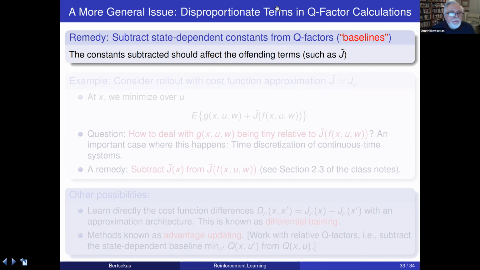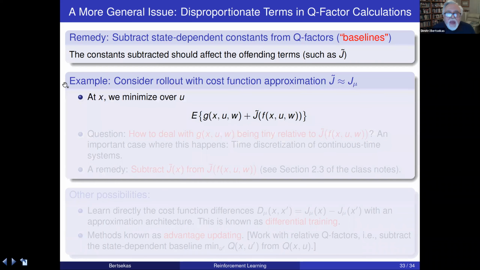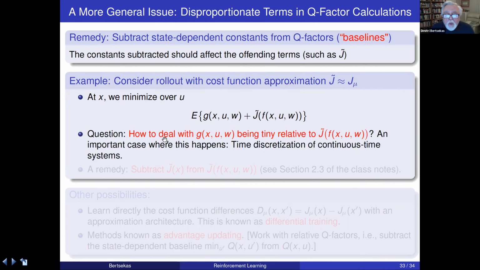Here's an example. Suppose that we have a base policy, mu, and we want to do rollout with cost function approximation, J tilde, that approximates J mu. So the rollout consists of minimization over U of this expression at a given state X. How do we deal with this G term, the cost term, being tiny relative to this cost here?